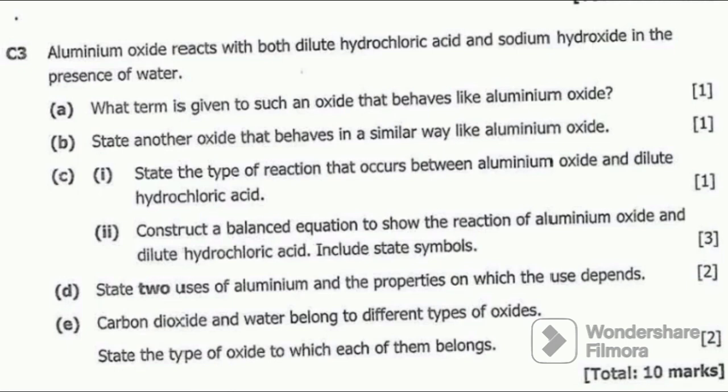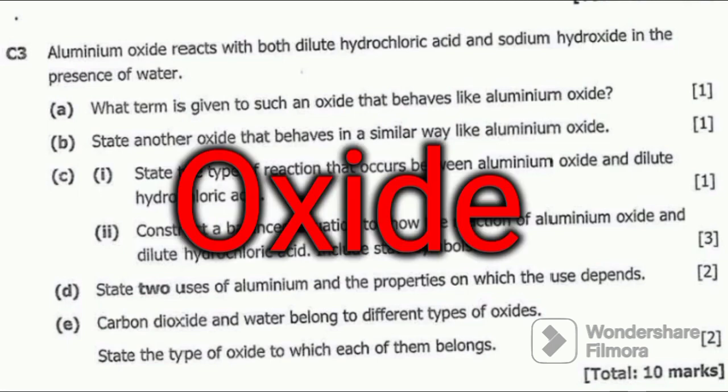So a metal like sodium must combine with oxygen to form sodium oxide. Copper should also combine with oxygen to form copper oxide, which is the oxide we are talking about.